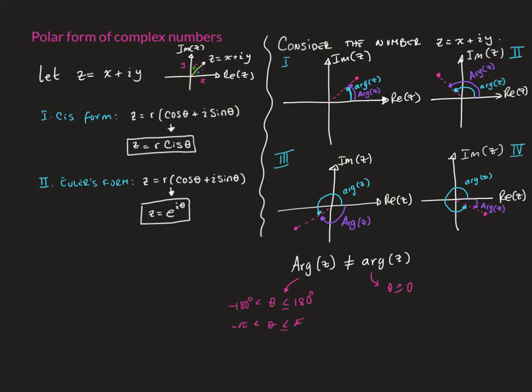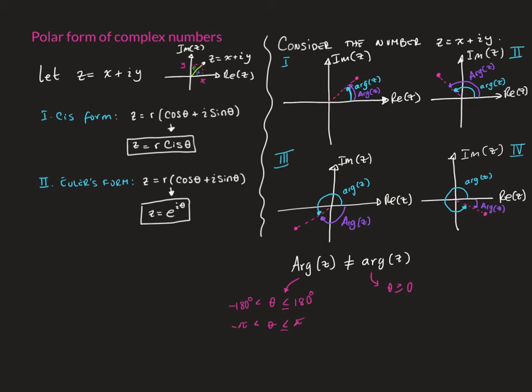However, the sign of the principal argument is going to depend on which quadrant we are measuring. So for quadrants 1 and 2, we are measuring the principal argument counterclockwise from the horizontal axis, so it will be positive.